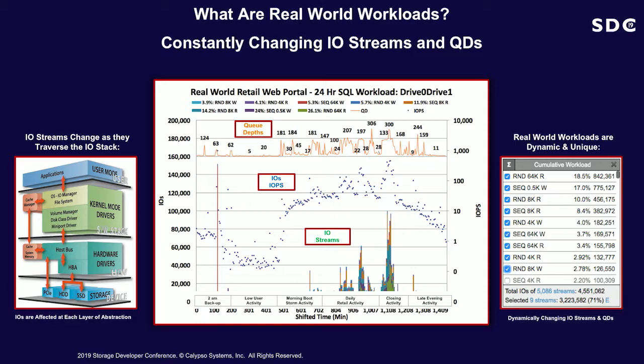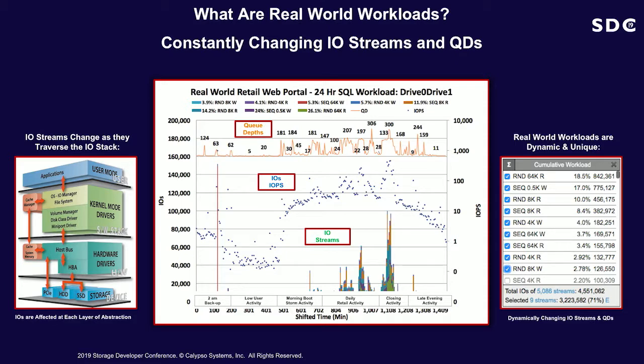A real-world workload, on the other hand, is comprised of very many I/O streams that are constantly changing from moment to moment, and the queue depth changes. So instead of a fixed and constant workload where you can predict you're going to get 50,000 IOPS at steady state after 3 hours of test, your real-world workload is going to be changing every step of that capture or test, applying a different combination of I/O streams and queue depths to your storage.